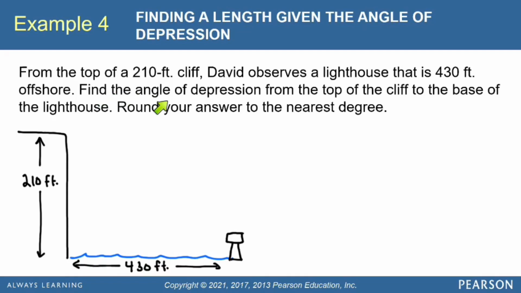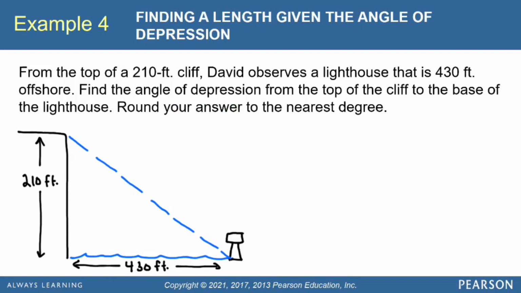Now it says find the angle of depression from the top of the cliff to the base of the lighthouse. So we know we're going to have an imaginary line going from the top of the cliff to the base of the lighthouse, but it says find the angle of depression.